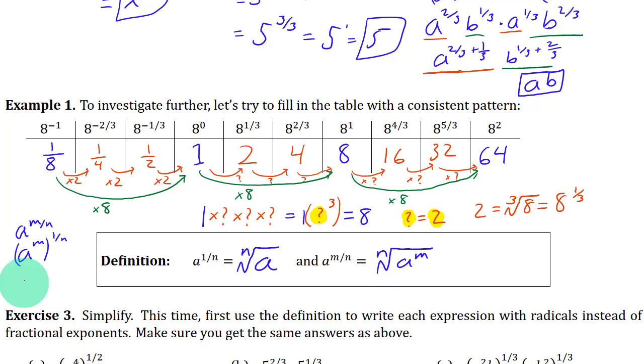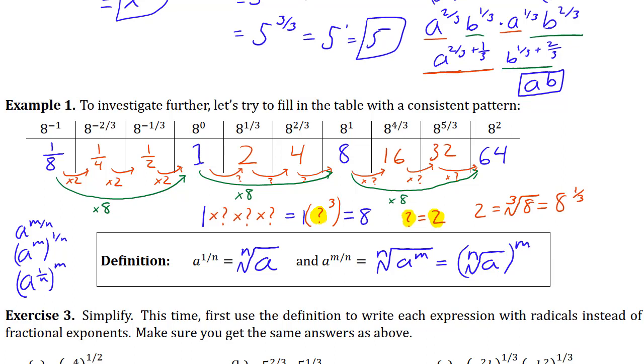You could also think of this as a to the 1 over n, and then that to the power m, because it's still 1 over n times m gives you that m over n. So that would be the nth root of a, whatever n is, but then taking that result and raising it to the power m.